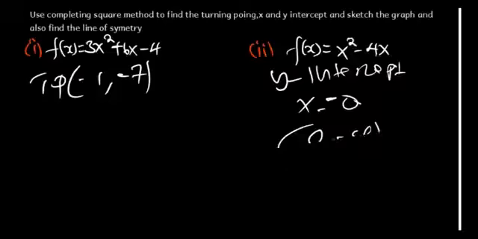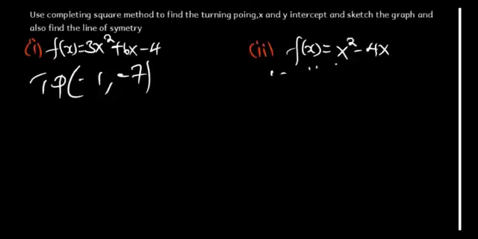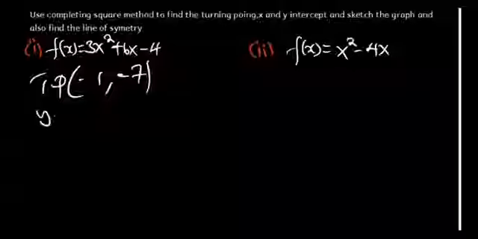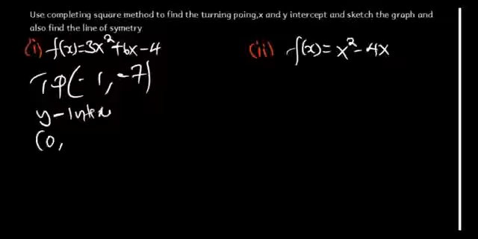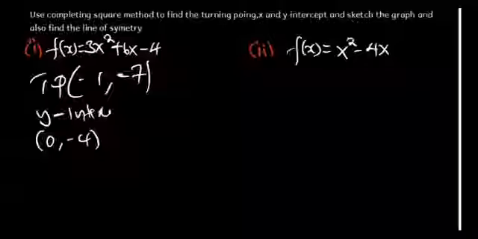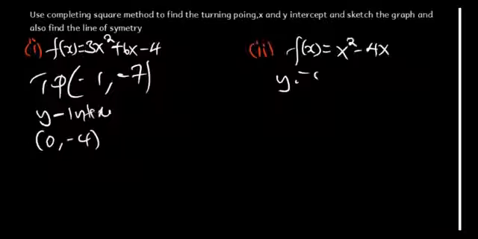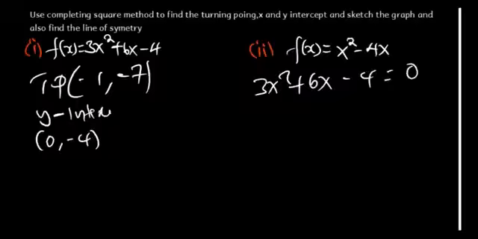We also know the y-intercept, which we found is 0 comma negative 4. To find the x-intercept, we set y equal to 0, meaning that we have 3x squared plus 6x minus 4 equal to 0.